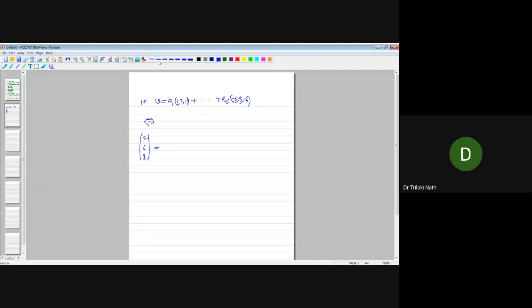That is, instead of writing the row vectors, these three-tuples, we are going to write the column vectors. The advantage is that you do not need to put any commas. Okay.